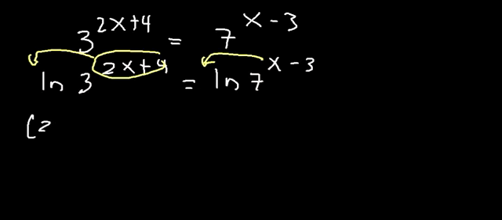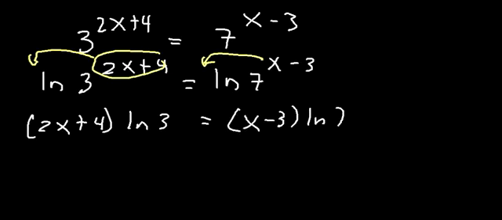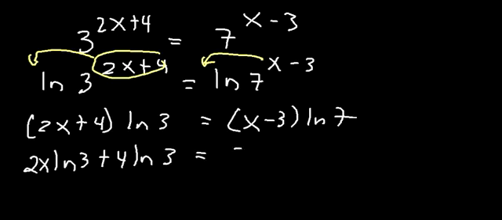When you do it, it has to be in parentheses because the 2x plus 4 is distributed by the ln 3. Next, distribute the ln 3. So we have 2x ln 3 plus 4 ln 3 is equal to x ln 7 minus 3 ln 7.